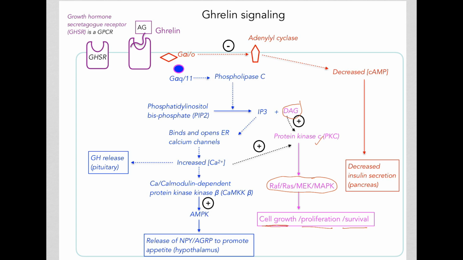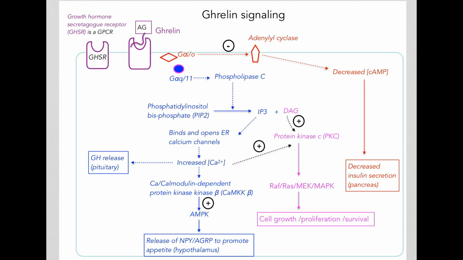And this pathway basically will stimulate the growth of cells, cell proliferation, as well as survival. So it's really incredible that this hormone that is produced by the stomach goes on to do so many different effects in the human body.